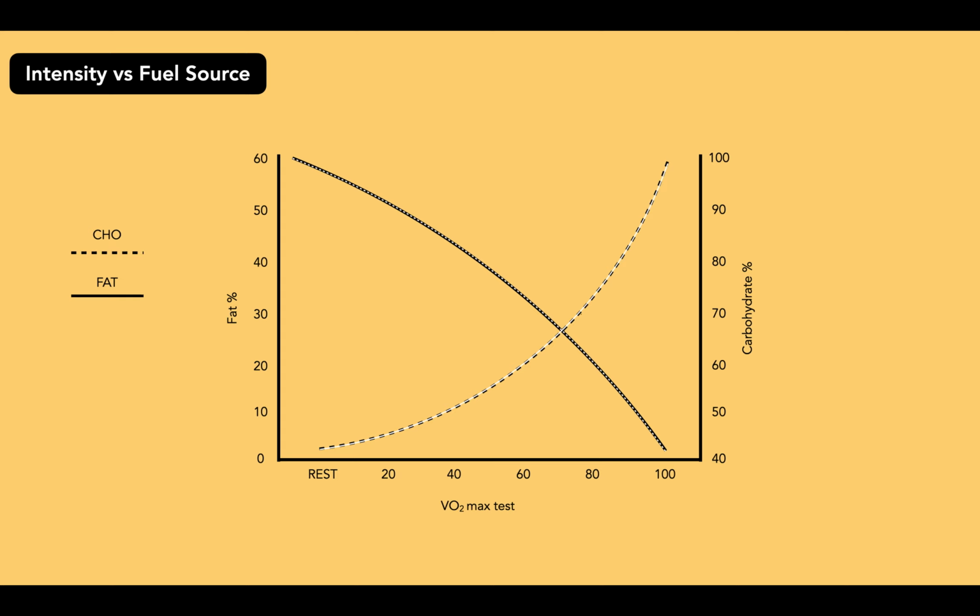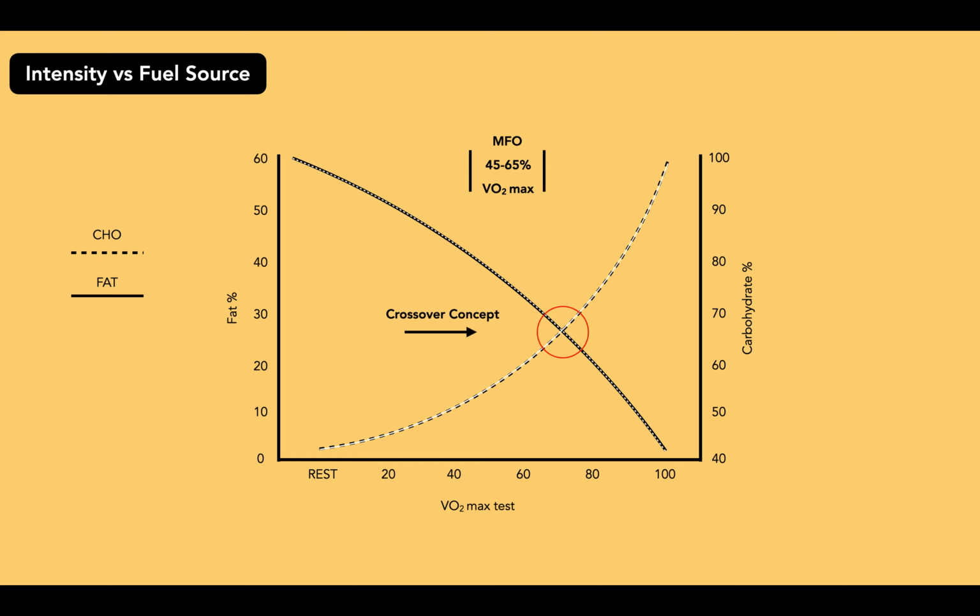What you can see here is the crossover concept. This is when the intensity is approaching your maximal fat oxidation. This can occur between 45 to 65% of the VO2 max, so there's about a 20% difference there.